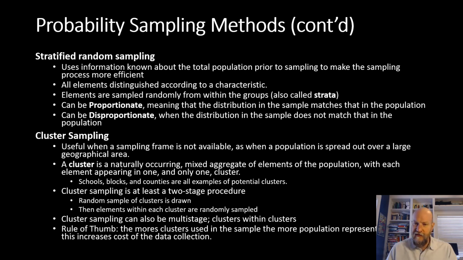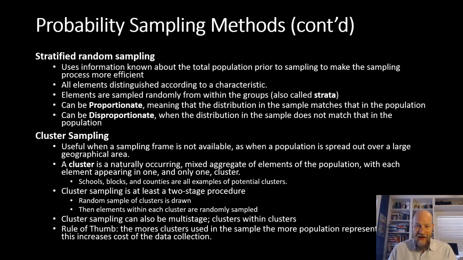I know this is a very busy slide, so I'll take my time with this. These are the other 2 types of probability sampling methods. The first is stratified random sampling. This is where you know something about the population, about the whole sampling frame to begin with. You're aware of certain characteristics about all the elements within that population.